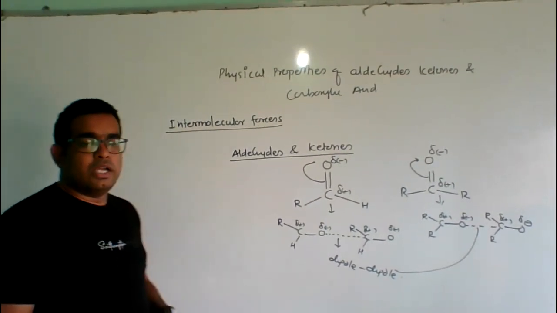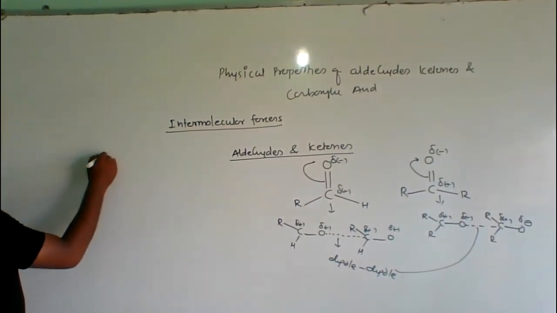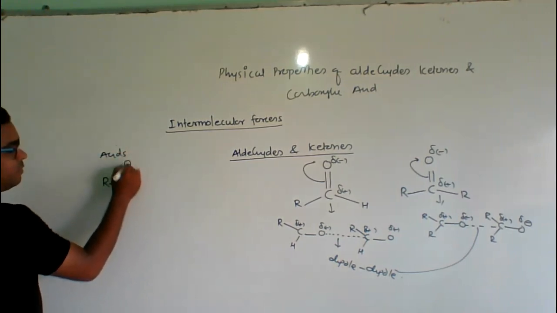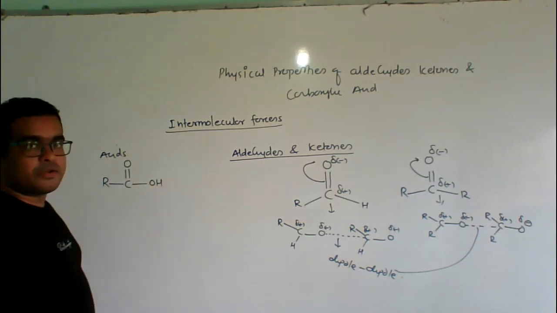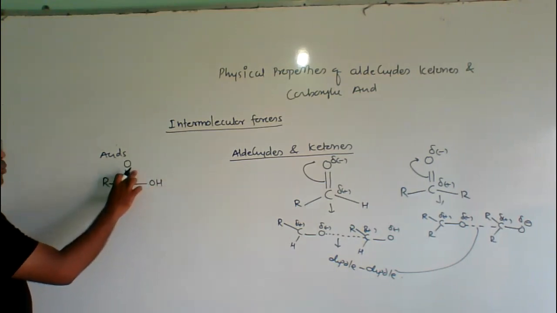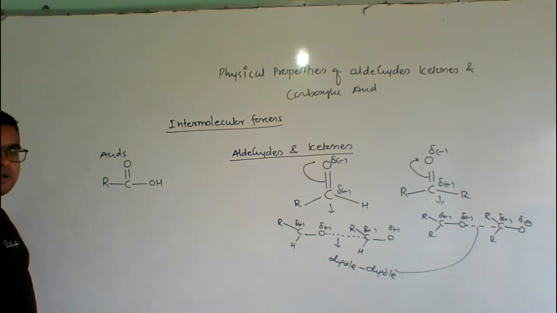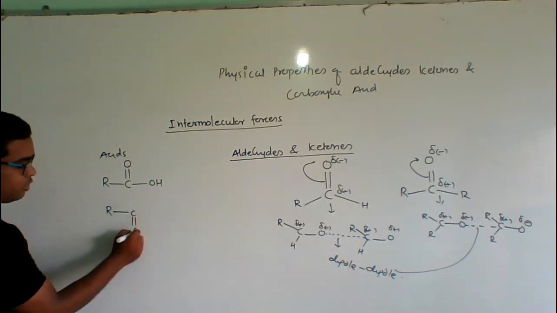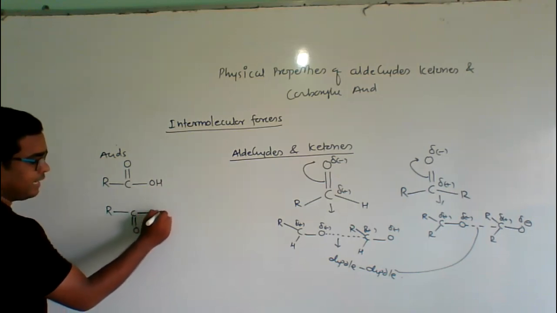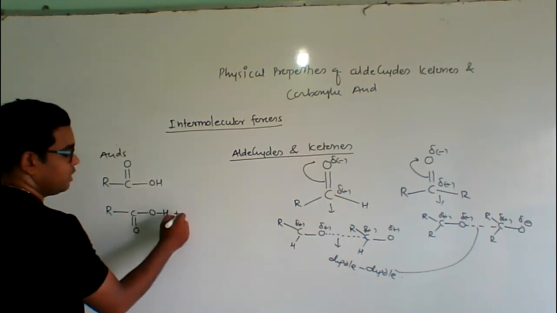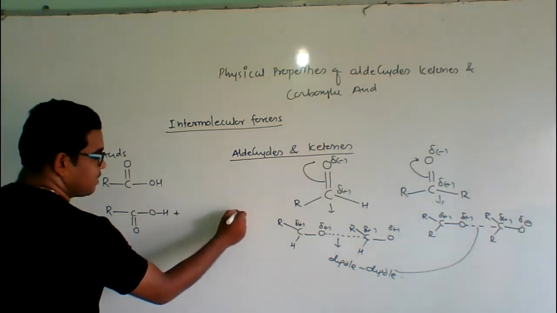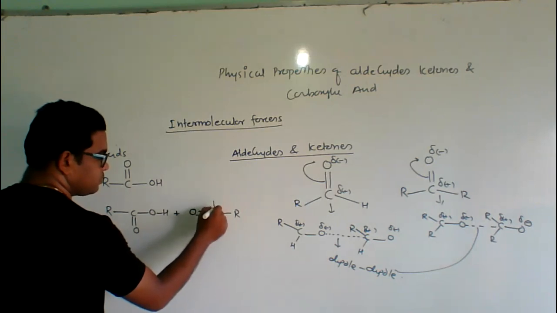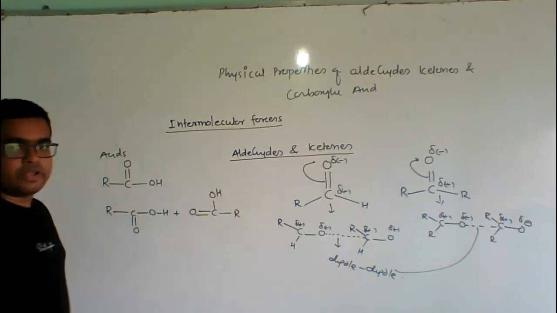Now, if we consider acid, the general structure of acid is RC double bond OH. So in acid, the carbonyl group is present as well as the hydroxy group. Now, if you consider two carboxylic acid molecules, the OH of one carboxylic acid group interacts with the carbonyl oxygen of another carboxylic acid, RC double bond O. Suppose we write it in this way.